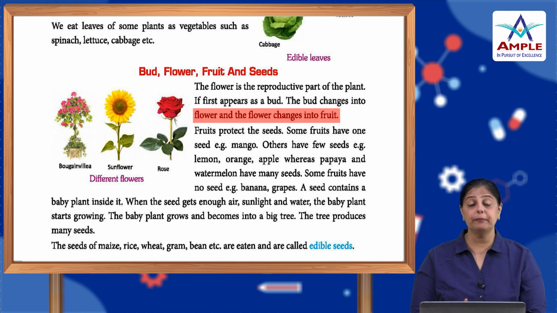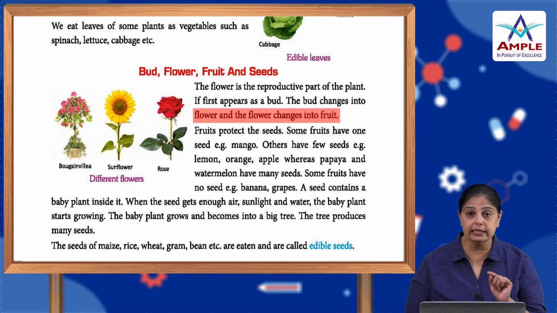So, for example, if you look at a pomegranate tree, you will see that there is a small bud-like thing that appears, and from that bud comes the flower, and slowly and gradually this flower will change into a fruit.